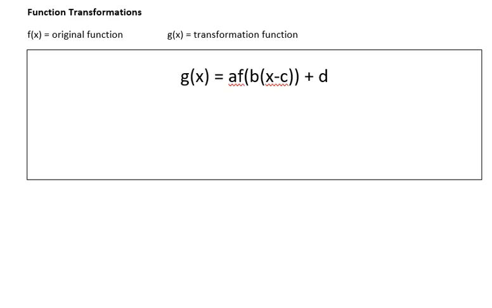In this video, we are going to see how to use the general transformation function. So here, this is one way of defining the general transformation function that takes into account the possible transformations that we will see in this course.